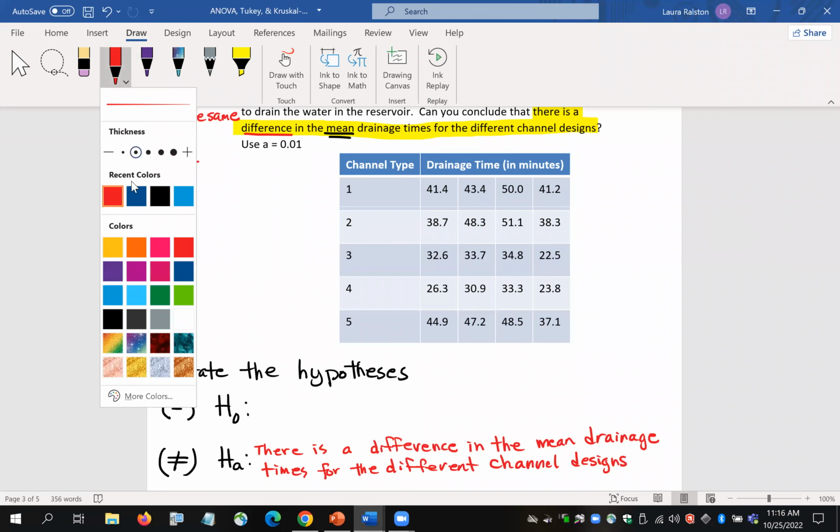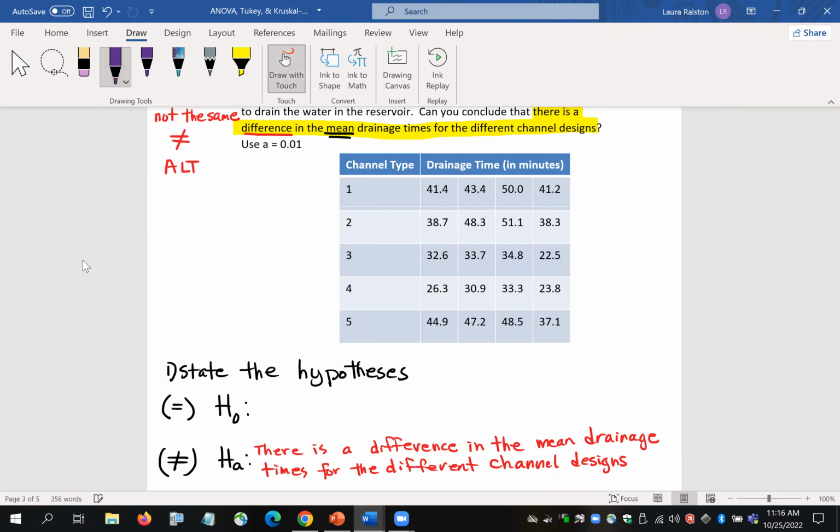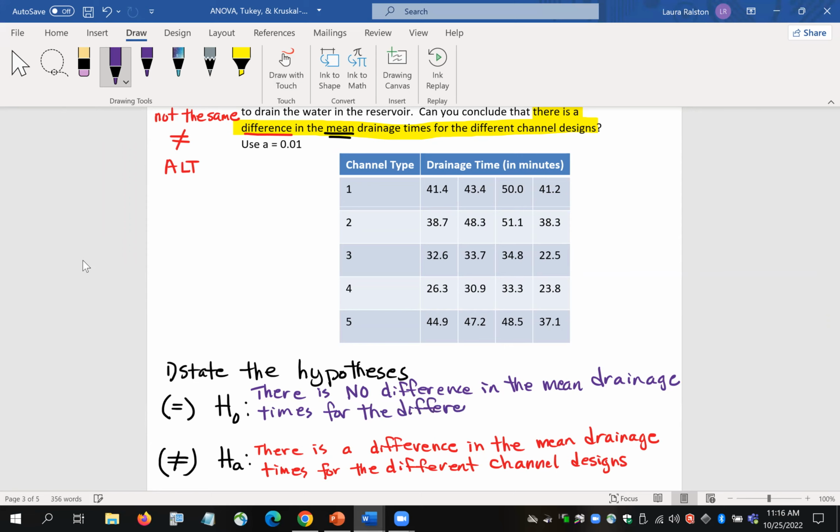We know that the alternative, or excuse me, the null in this case is going to be the exact opposite. And we would say there is no difference in the mean drainage times for the different channel designs.